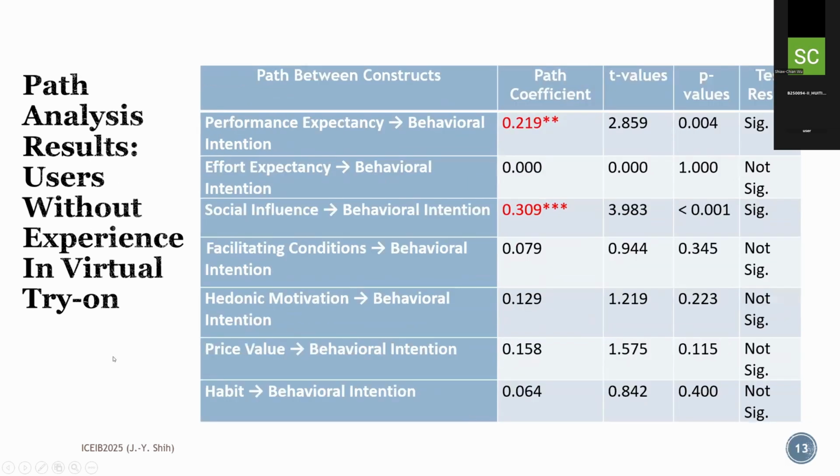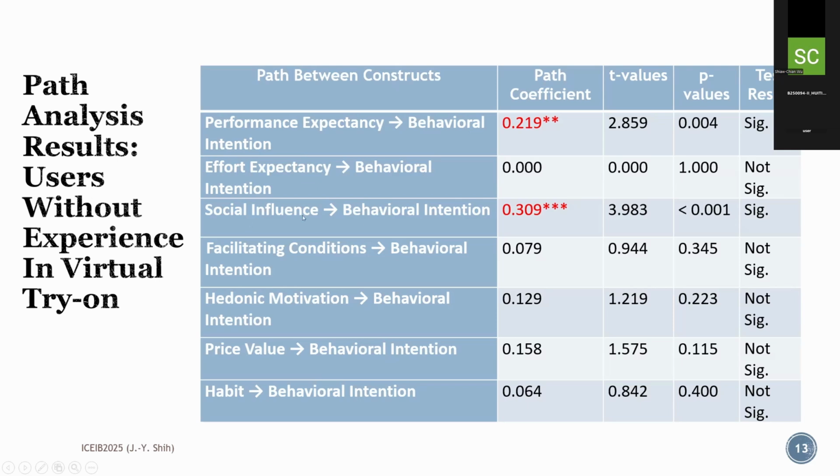If we focus on the users without experience in virtual try-on, but they show high interest in trying this technology in the future, we find that most of the path coefficients are not significant, and only performance expectancy has a significant positive impact on behavior intention.